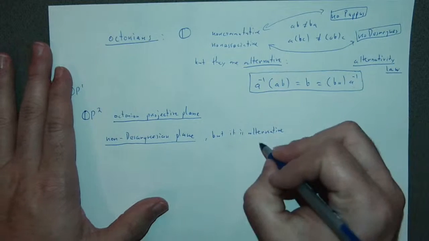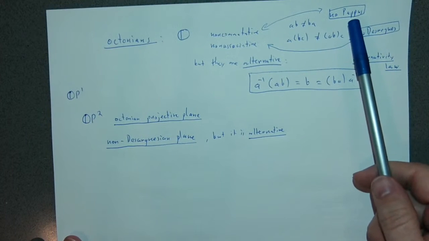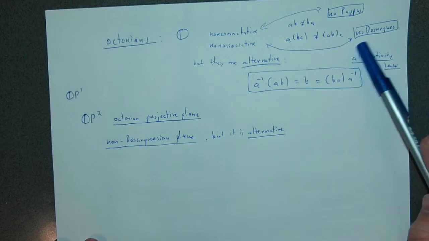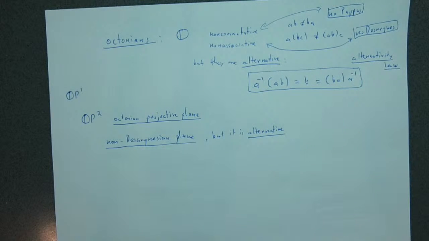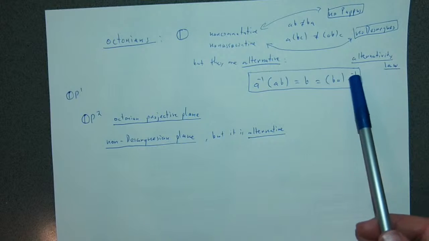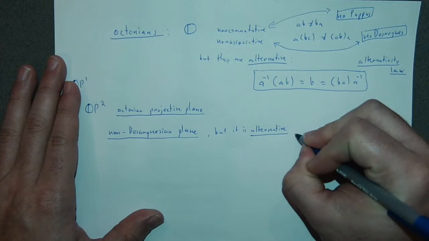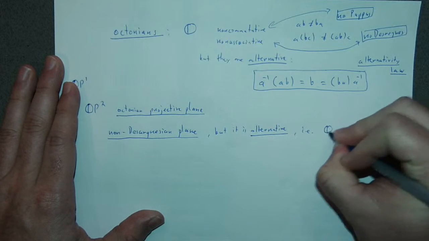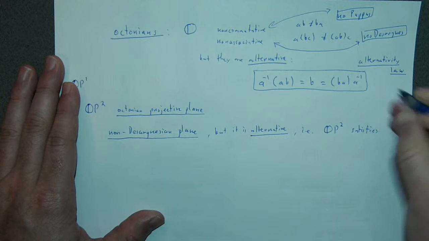Okay, it is alternative. Well, if Pappus is associated with the commutativity law, and Desargues' theorem is associated with associativity, what is the alternativity law associated with? It's associated with little Desargues, i.e., OP2 satisfies little Desargues.